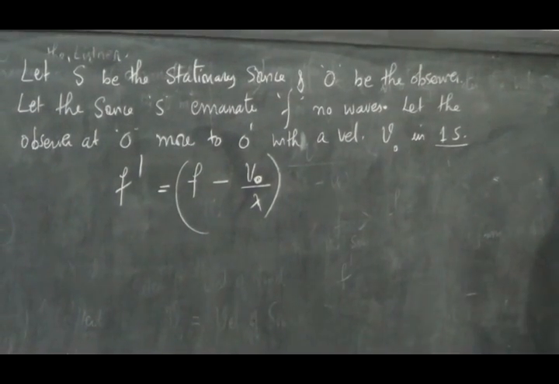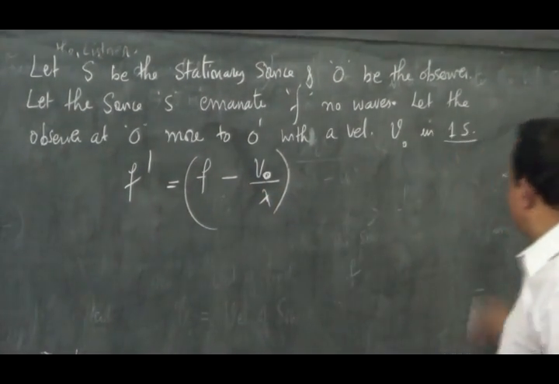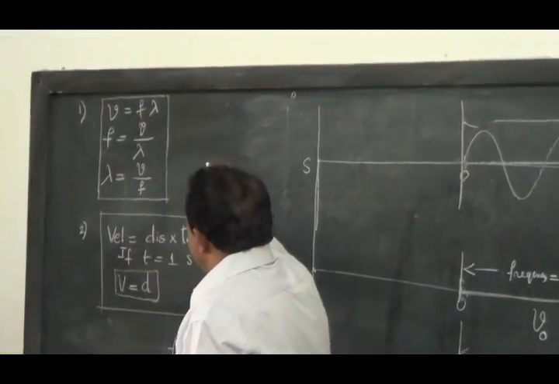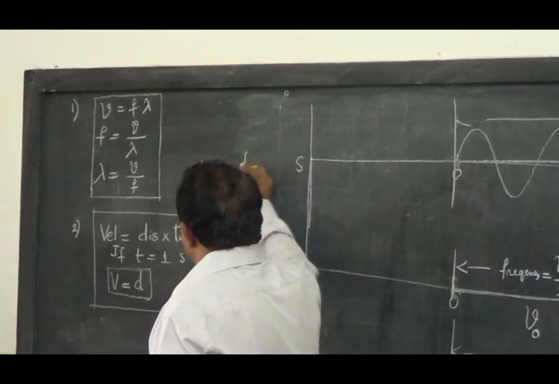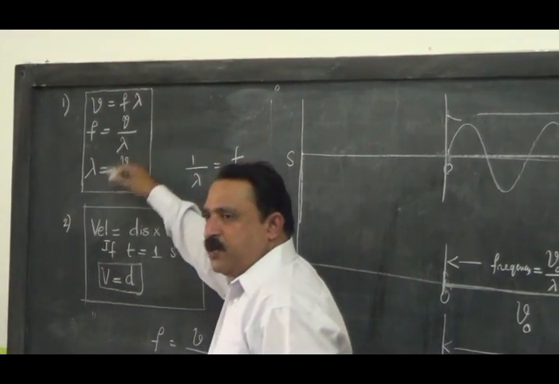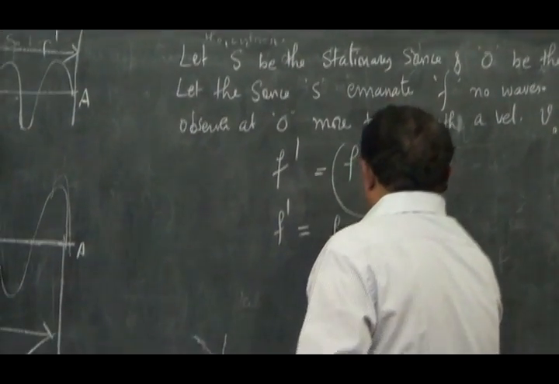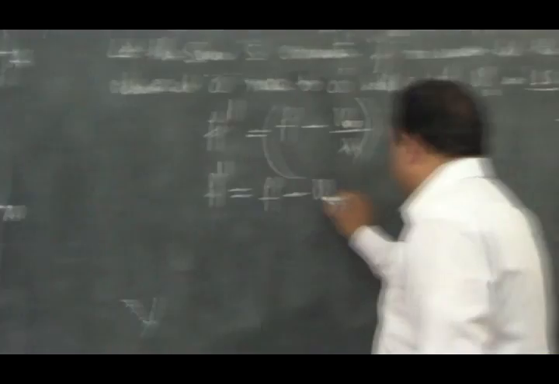This is the situation. Now see this. I can replace 1 by lambda. See here, lambda is V by F. So 1 by lambda is how much? F by V. Take the reciprocal of it. Now just look at the board. So F dash equals F minus, I keep this V naught as it is.